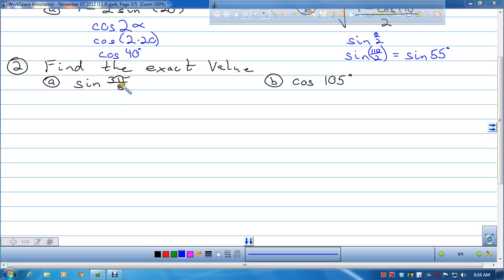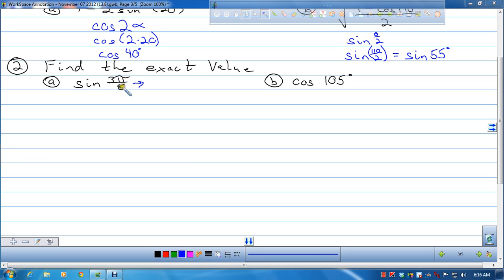That doesn't bother me at all if you change 3 pi over 8 to degrees. Myself, I can recognize that 3 pi over 8 is half of 3 pi over 4, just like 1/8 is half of 1/4, right?